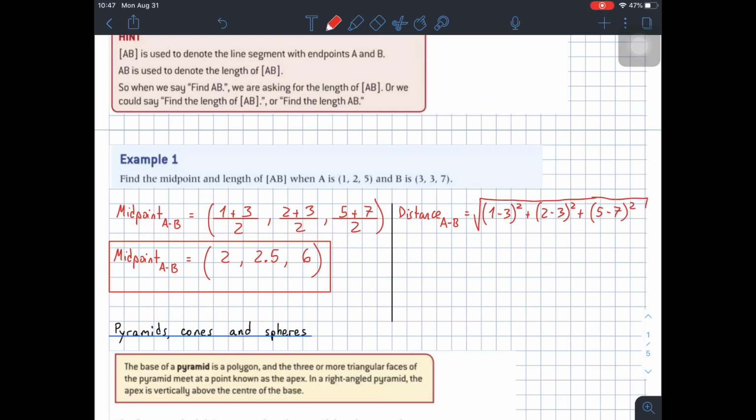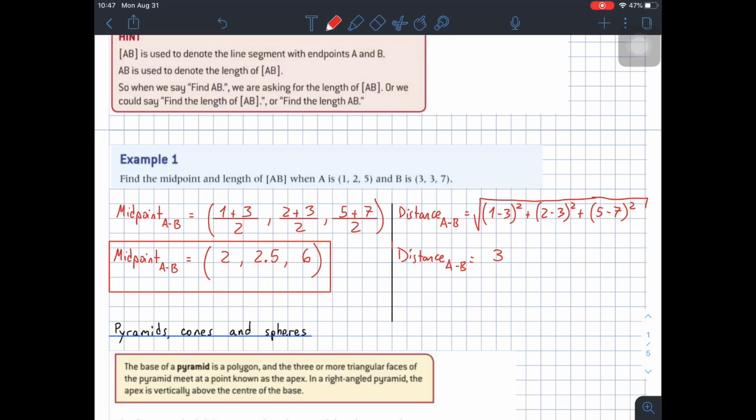If we solve this, let me do this with the calculator directly. This would be the square root of 2 squared plus 2 squared plus 1 squared. I get 3. So the distance between these 2 points is 3.